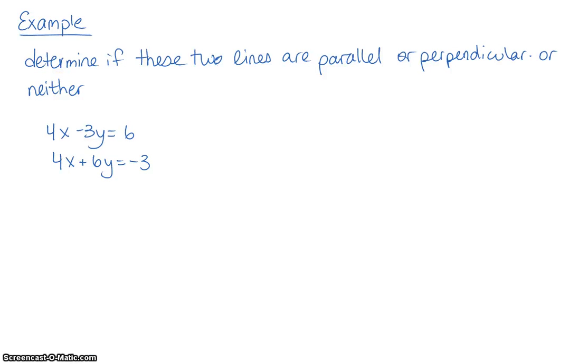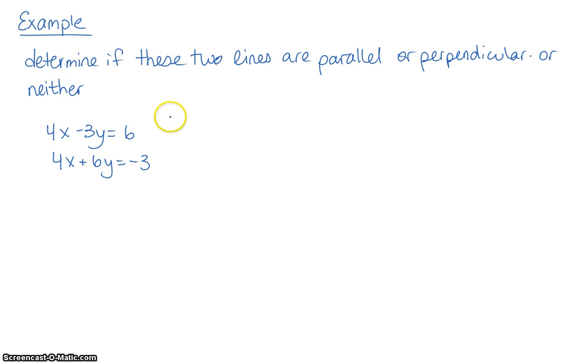Another type of example that we'll be seeing is determining whether or not two lines are parallel, perpendicular, or neither. Generally, you'll get something in a standard or general format, and you have to figure out if they are parallel or not, or perpendicular or not. This all depends on your slope. So, being able to convert an equation in this format into either slope-intercept or slope-point is kind of important. The easiest way is to do slope-intercept, because for slope-point you actually have to identify a point, which is not as easy because there's infinitely many points on a line.